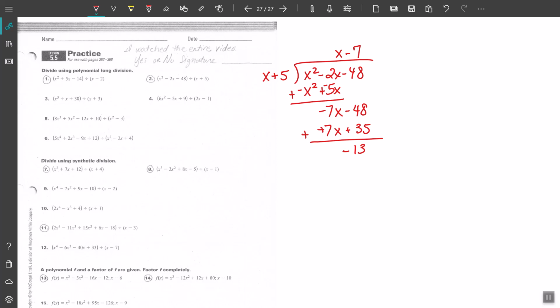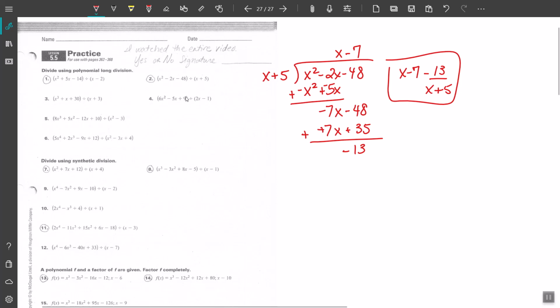We have to put that negative 13 over x plus 5 though. So the final answer would look like this: x minus 7 minus, because this is a negative 13, minus 13 over x plus 5. So this is the answer for number 2. This is the quotient for x plus 5 being divided into that polynomial.